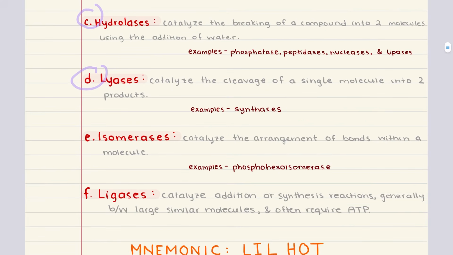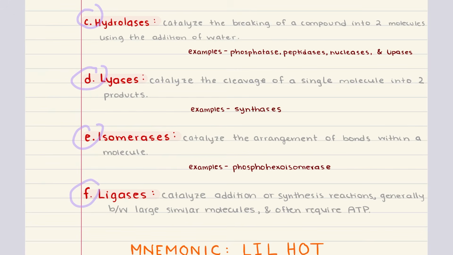Fifth, we have isomerase. These enzymes rearrange the bonds within a molecule to form an isomer. So in other words, the molecular formula stays the same, but the structure changes. A common example is phosphohexoisomerase, which plays a role in glycolysis by rearranging glucose into fructose derivatives.